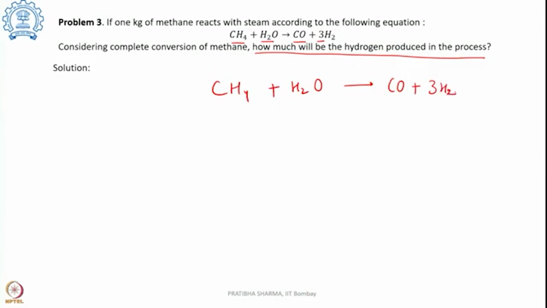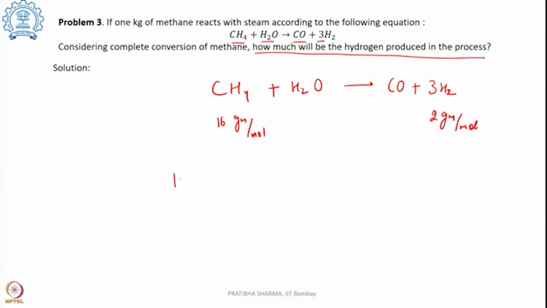So, this can be done considering we know that if we look at this process, the molar mass is 16 gram per mole for CH4, and 1 mole of methane is producing 3 moles of hydrogen. So, 2 gram per mole for hydrogen.